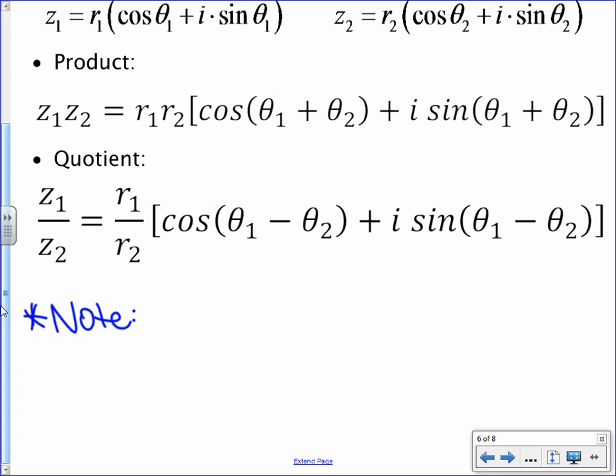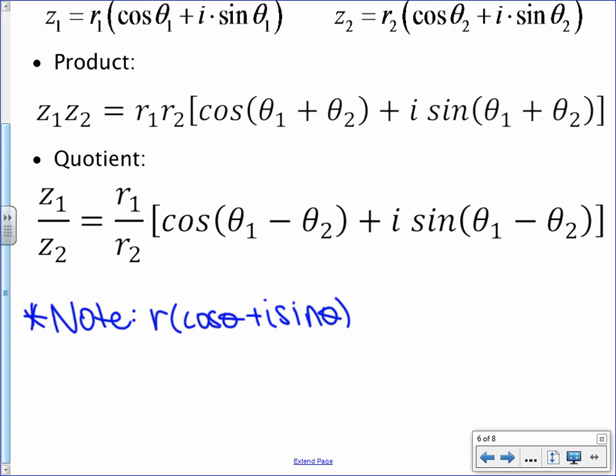I will warn you, there is a shorthand to writing these numbers. Writing complex numbers out like that could get kind of tedious, right? It's a lot of things to write.